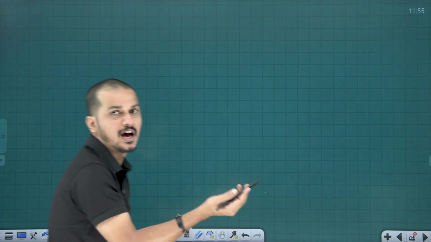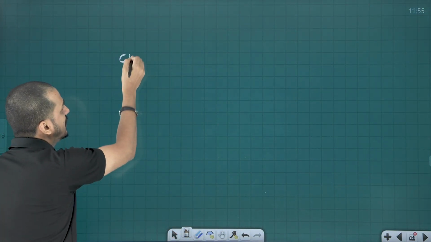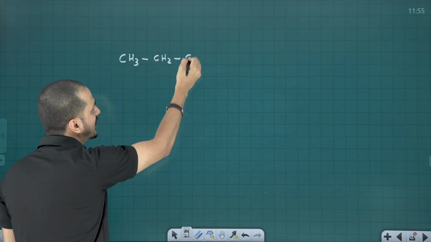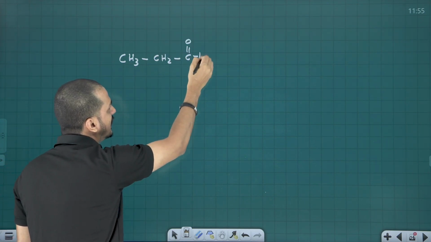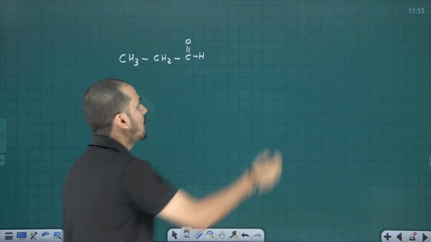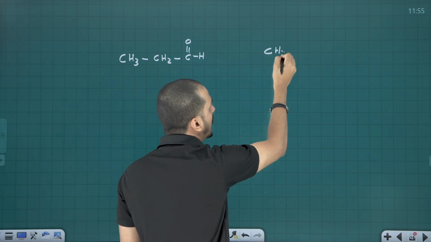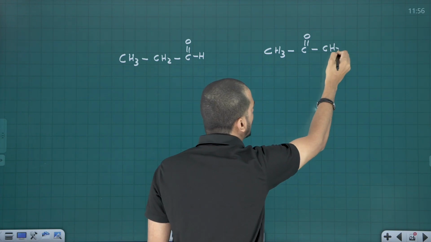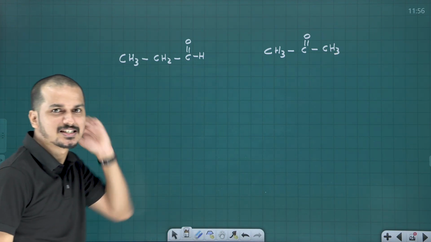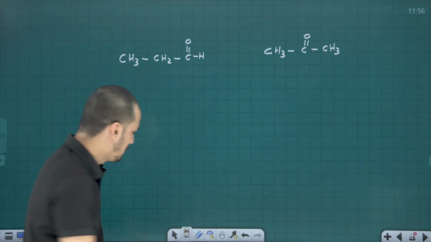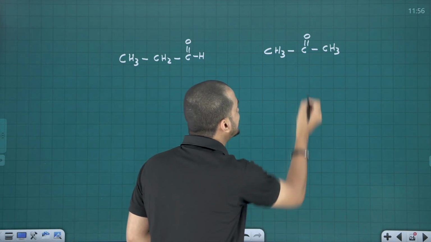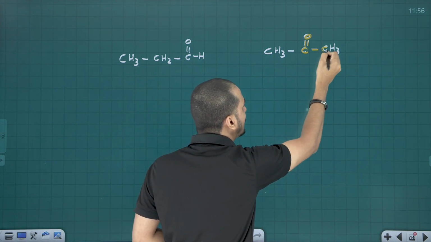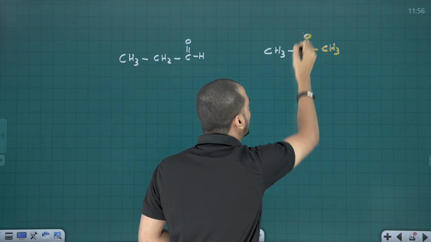Okay. See, first they are giving propanol and propanone. This is propanol, CH3CH2CH2OH. And this is propanone, CH3COCH3. Propanone means propan-2-one only is possible. Which test can we do? Once you look, you can see a carbonyl compound connected with a terminal methyl group.